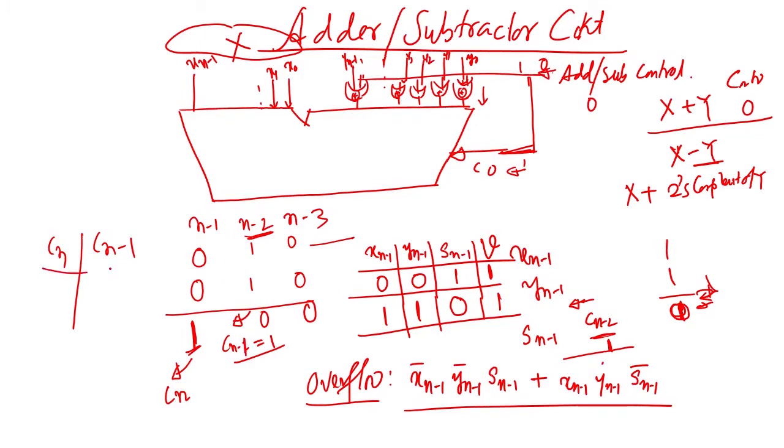In that case, if C n is 0 and C n minus 1 is 1, in case of addition, similarly 1 0, and in case of subtraction this happens. If there is a change between the two carries, one being this position's carry out and another this position's carry out, then there is also overflow.